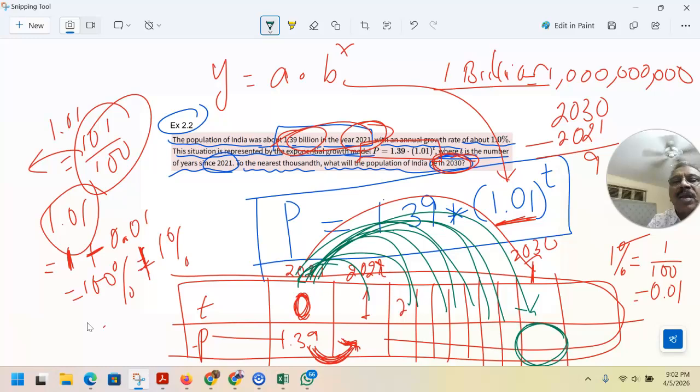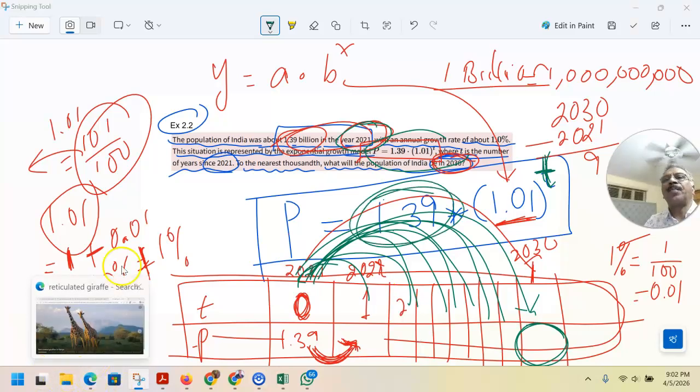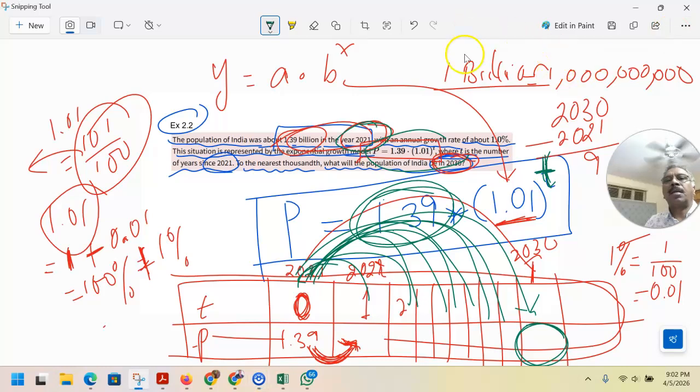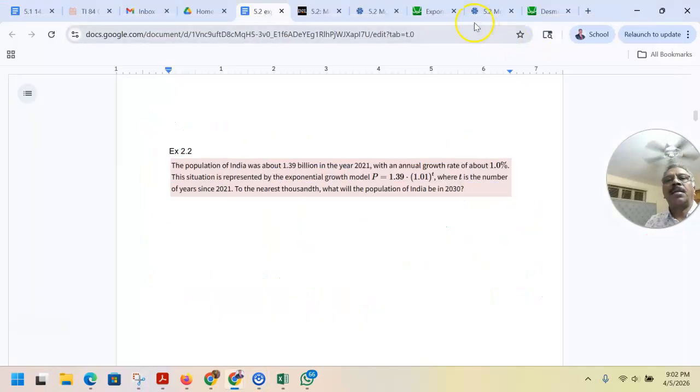So all you do is plug into this equation that t is how many years have passed since 2021, which is 9 years. On the calculator, remember 1.39 has to be plugged in. So let's go back and find the calculator.